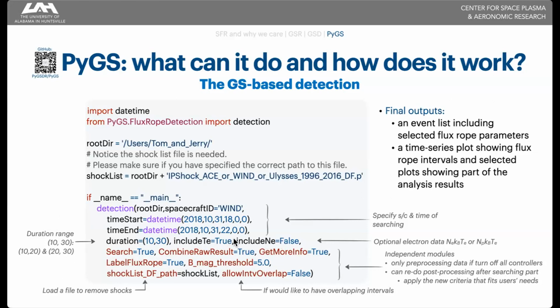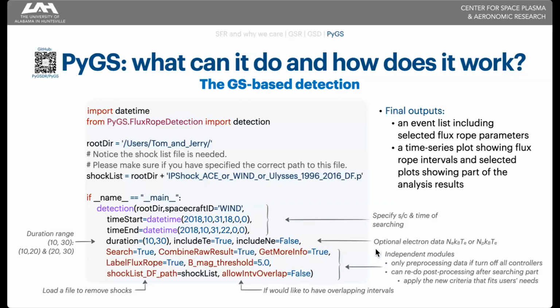The electron data here are optional. Users can turn on both, or they can just turn on the include temperature option, such that the electron number density will be replaced by proton number density. The rest of the controllers are independent modules. If someone would like to skip the pre-processing of data, they can just turn those off. And the searching part is the most time-consuming process.